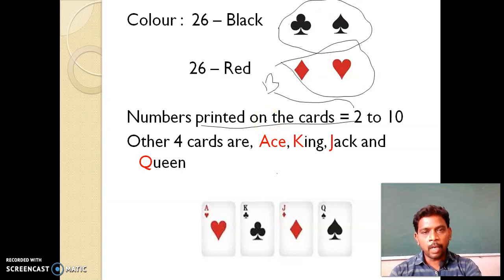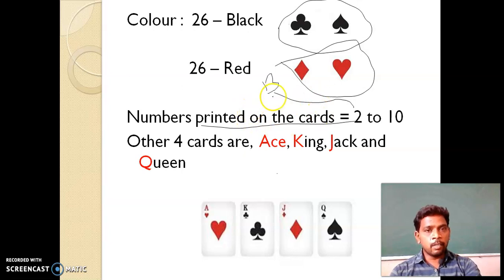So how can we split the 52 cards? According to color, 26 black and 26 red, and according to type, 4 types: diamond, club, heart and spade. In each type there are 13 cards.